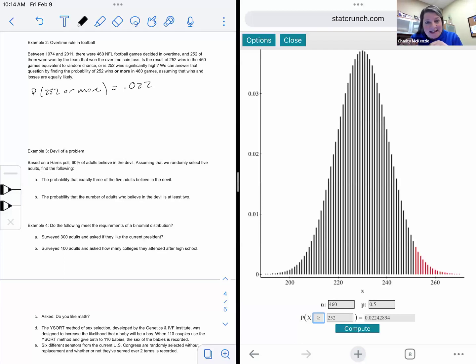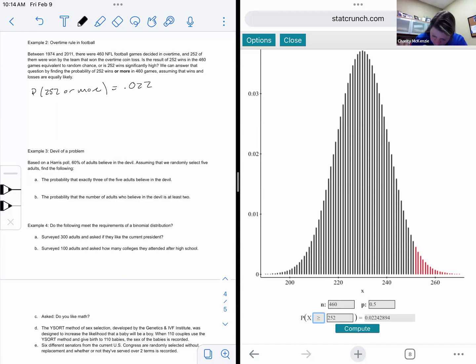So basically, according to our data, it's better if you win the coin toss, because this is a significantly high number of people winning the overtime, because that 0.02 is so small. Okay, assuming the wins and losses are equally likely.